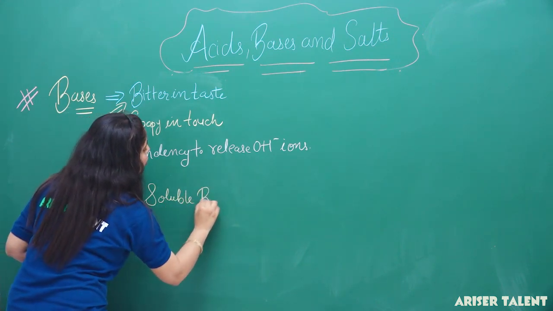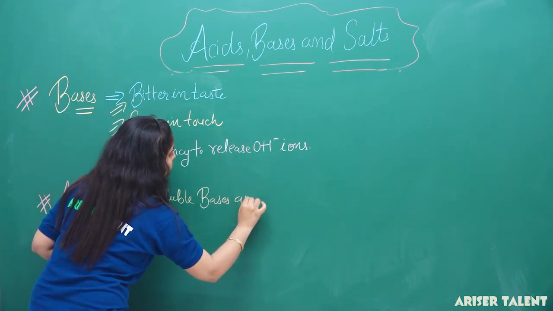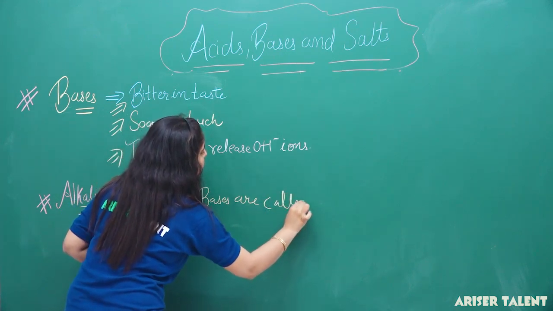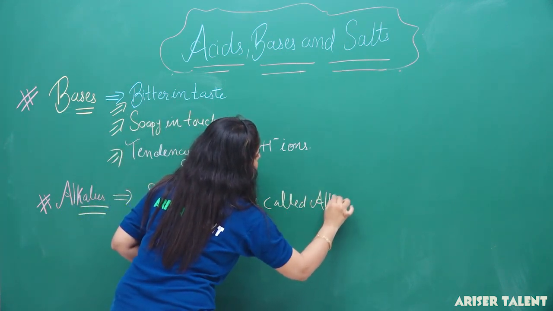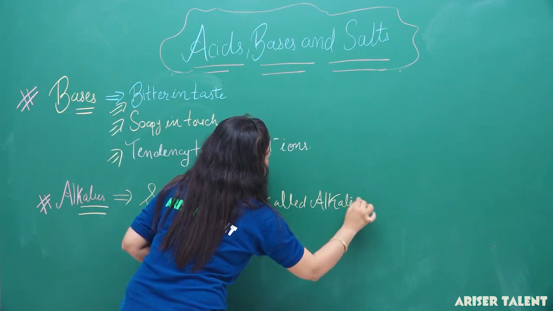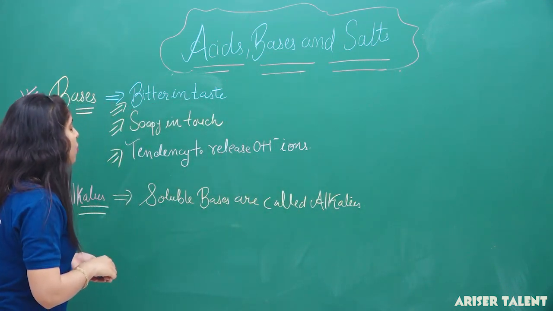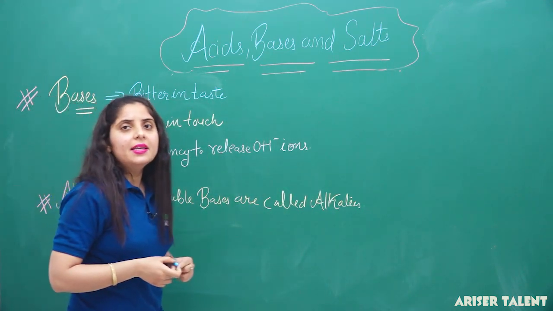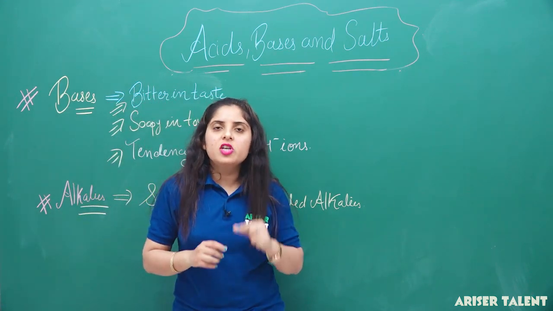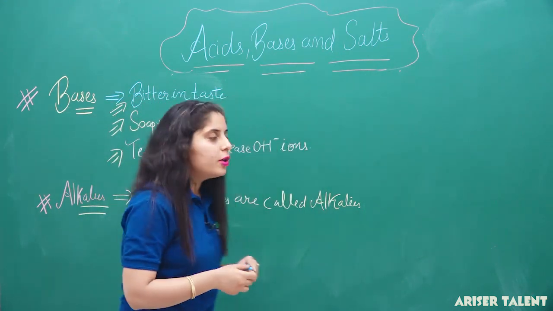Soluble bases are called alkalis. Now we have two types of alkalis, that is sodium hydroxide and potassium hydroxide, which are generally water soluble.